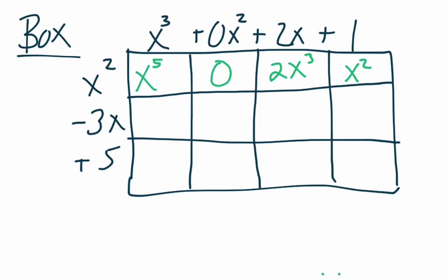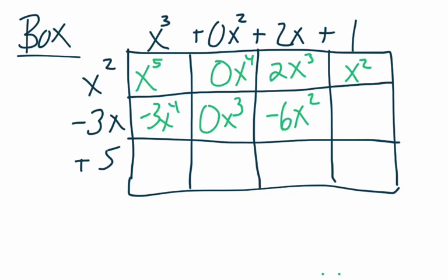Where was I? Negative 3x to the fourth. And up here would be 0x to the fourth, because x squared times x squared gives you x to the fourth. Then we have 0x squared times negative 3x, which gives us 0x to the third. 2x times negative 3x gives us negative 6x squared.